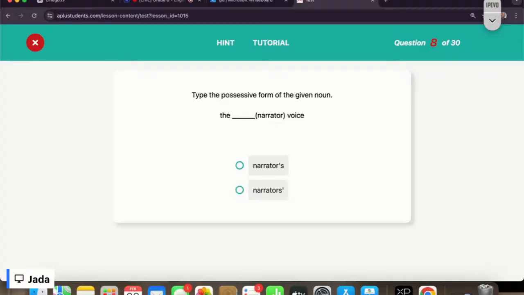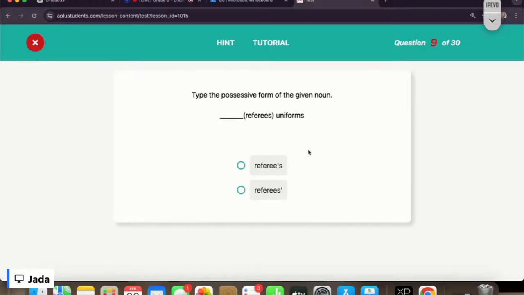Alright, so what do we have here? The first or the second? Okay, we have the first.